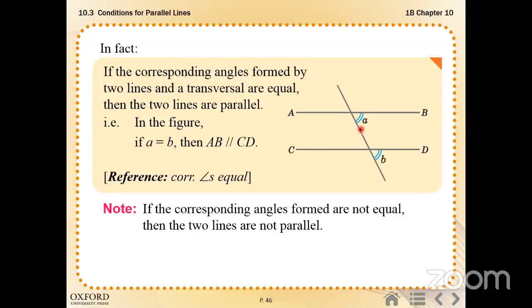It means we try to see whether there's information given, or of course, if you are drawing on paper by your own, you can use a protractor to measure the angles and check to see whether these two angles are equal. If they are equal, then we can tell people that AB and CD are parallel. And then you can see that the reasons written will be different. Okay, let's take a look.